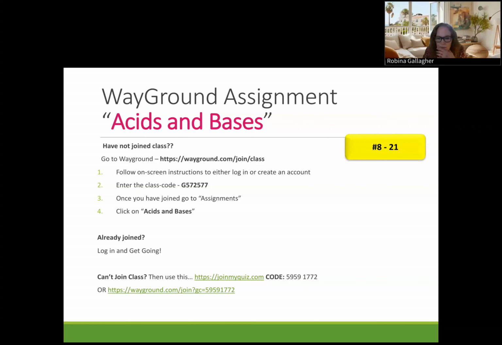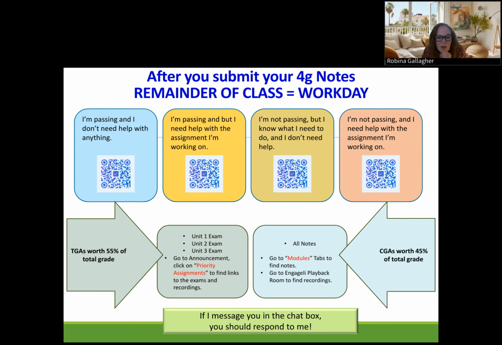Either one of those. Okay, and then when you are finished, submit your 4G notes, and then it's just going to be a work day. But finish your 4G notes first.